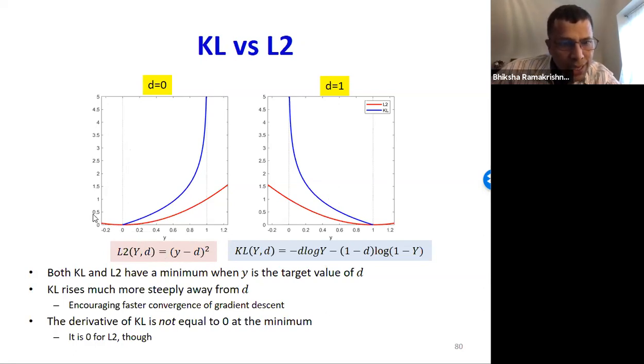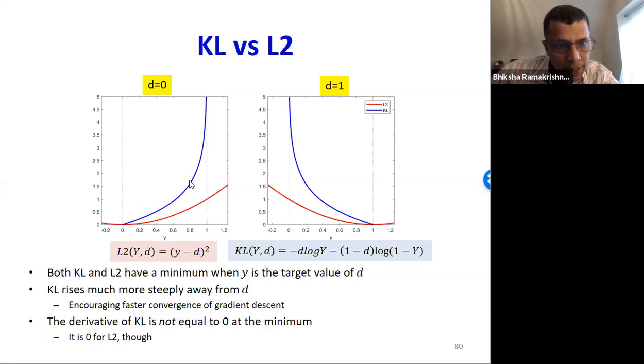If I were using the L2 divergence, then this is how the divergence changes with y. And you can see that when the network is completely wrong, the error is finite. But the KL divergence, because it's taking a look at log of 1 minus y, because d is 0, when y is 1, the divergence is going to be infinite.